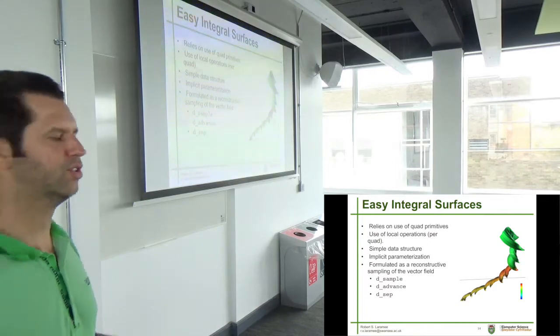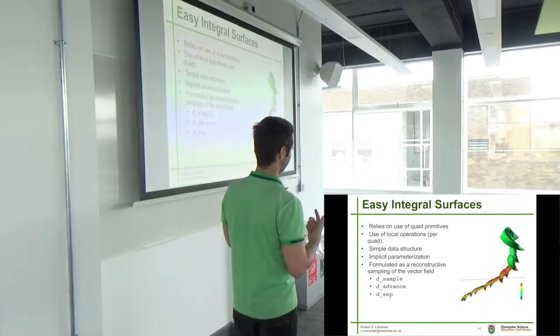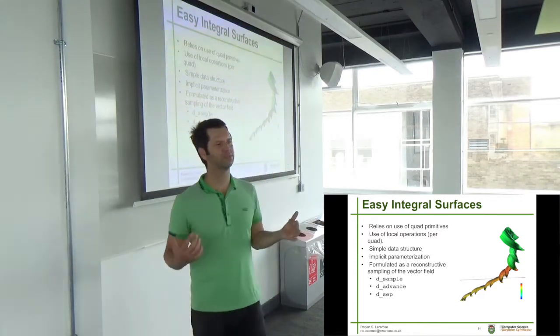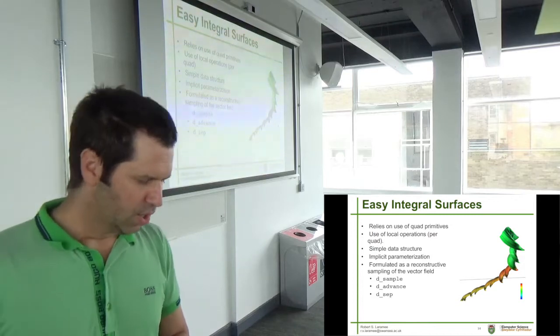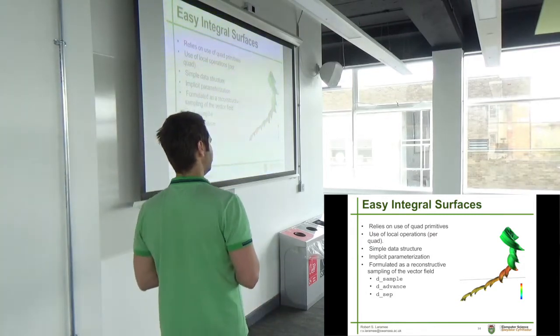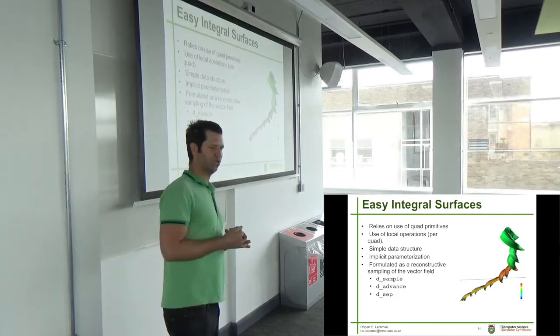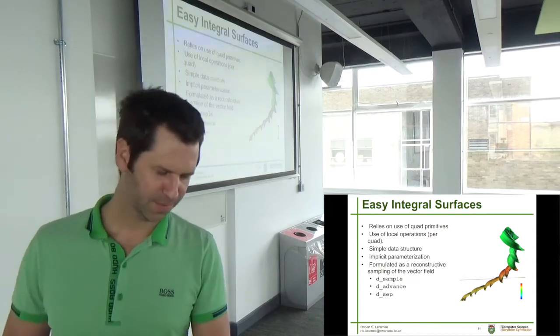So rather than using the term stream, path, or streak over and over again, just say integral. So we can consider the use of a surface composed of quads or quadrilaterals rather than triangles.